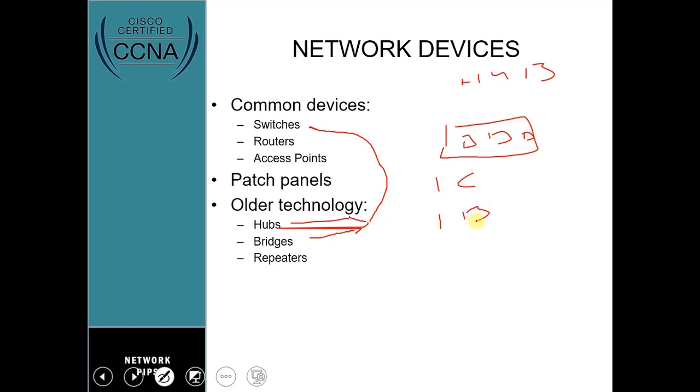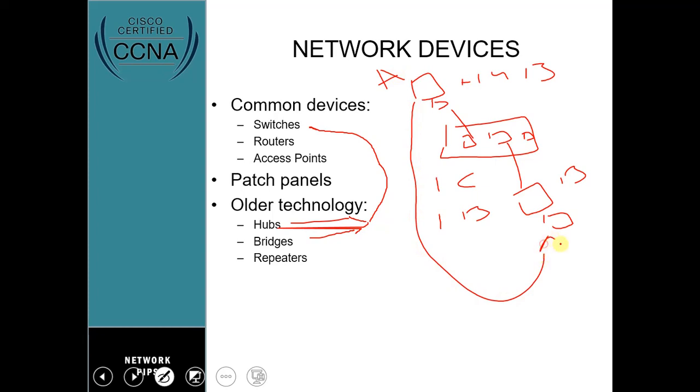Let's say we have a PC connected to this port, and another PC connected to this port. This PC is A, and this one is B. PC A wants to communicate to PC B.